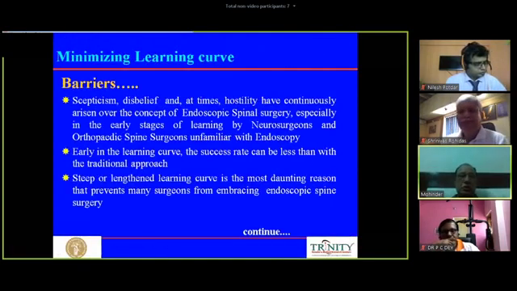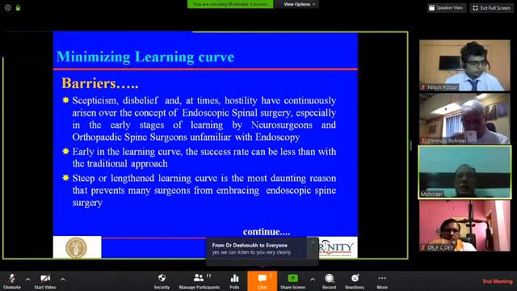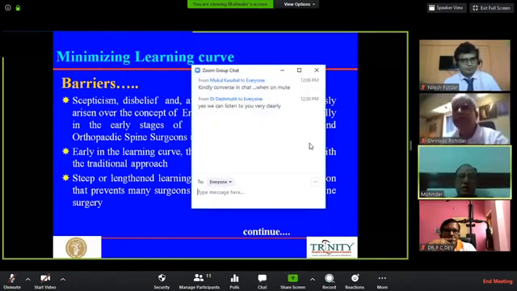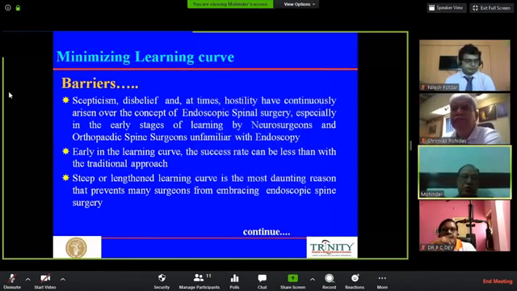So now I'll just share about the barriers. What are the obstacles to learning spine endoscopy? Skepticism, disbelief, and at times hostility have continuously risen over the concept of endoscopic spinal surgery, especially in the early stage of learning by neurosurgeons and orthopedic spine surgeons unfamiliar with endoscopy.